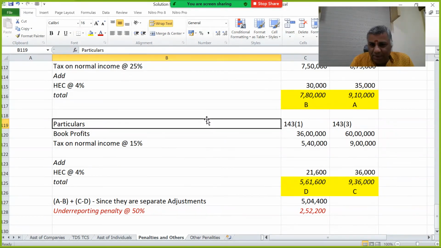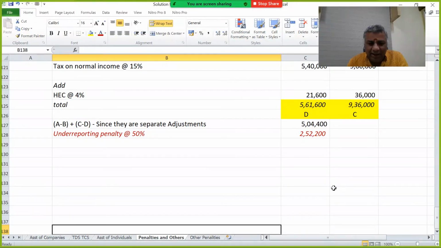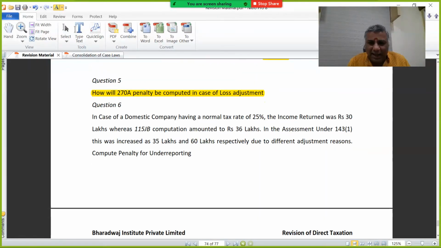A minus B, right? If it is ordinary, we only do A minus B. Here, one more addition. So it is not something very unique. We normally do this only. Now there's a formula they have given.